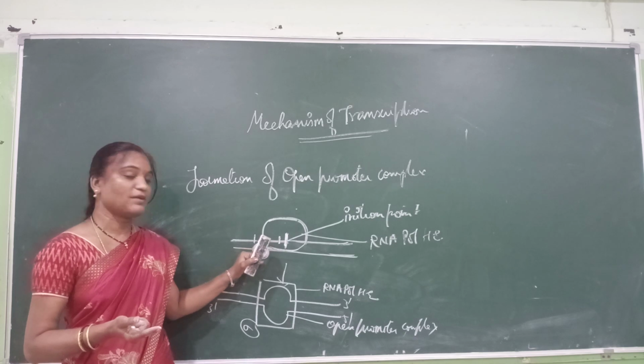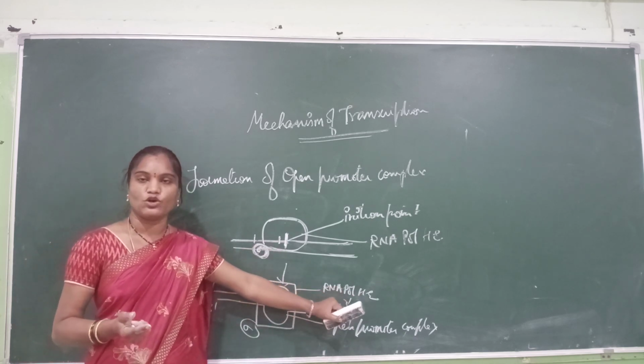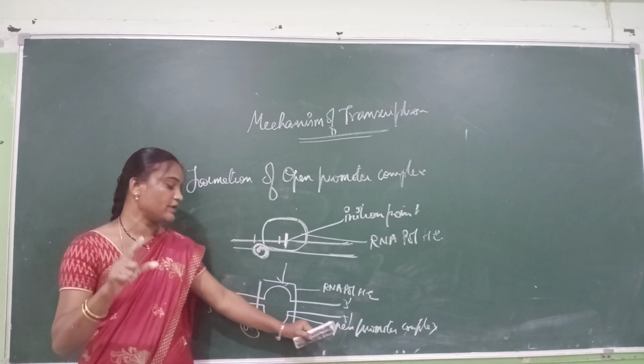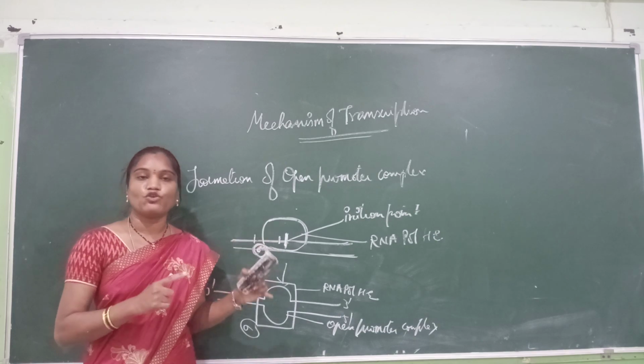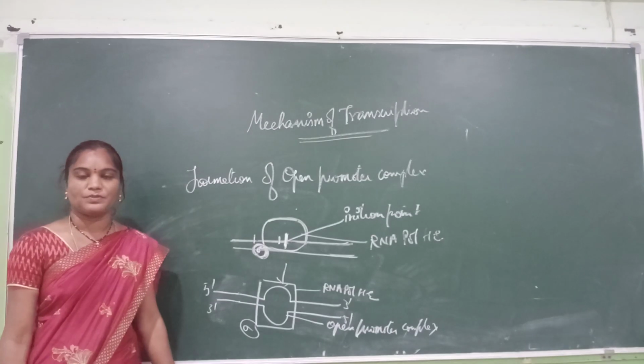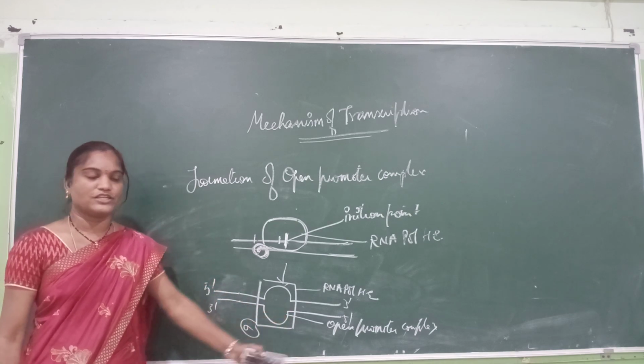This sigma factor with your RNA polymerase core enzyme, that is your RNA polymerase holoenzyme, the whole set of subunits of your RNA polymerase, will easily align on your DNA template strand to form an open promoter complex. So this is the step before your initiation.